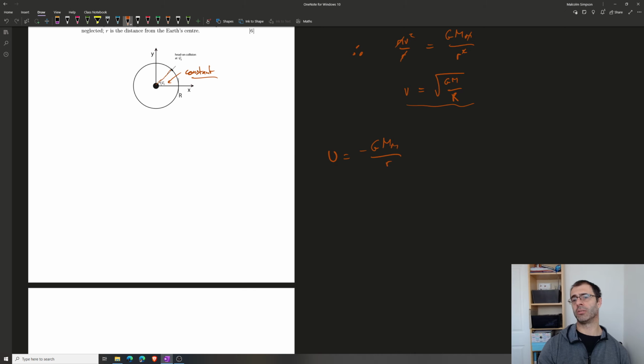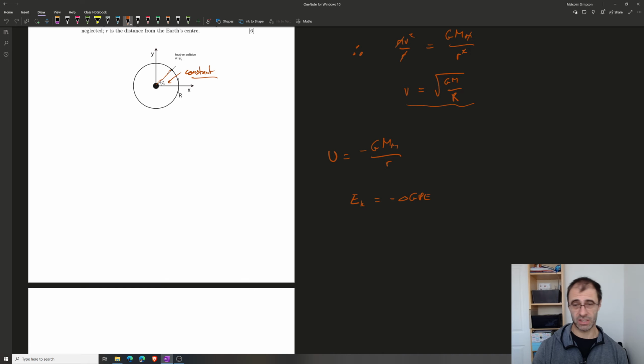Notice that it's negative. This is the mass of Earth, this is the mass of the meteoroid, and r is the distance between the center of Earth and the center of the meteoroid.